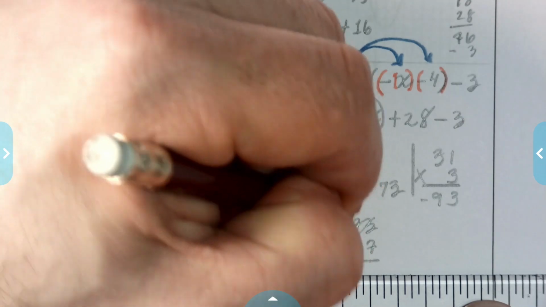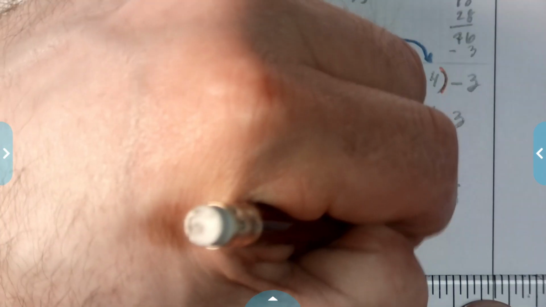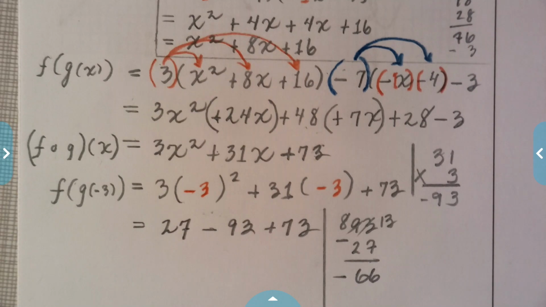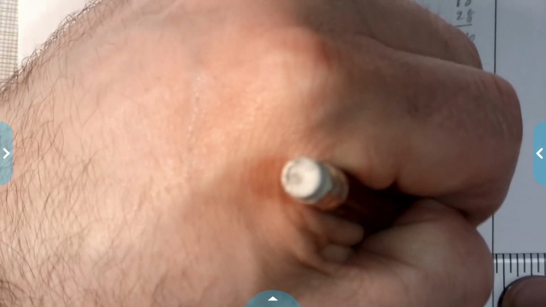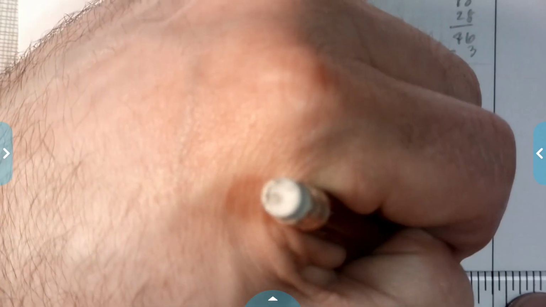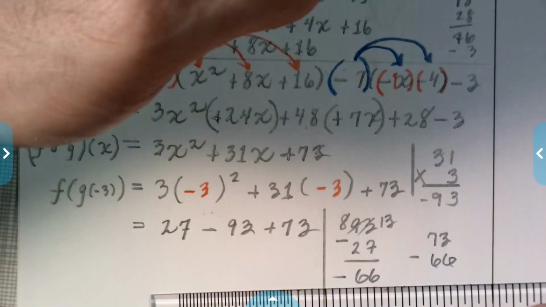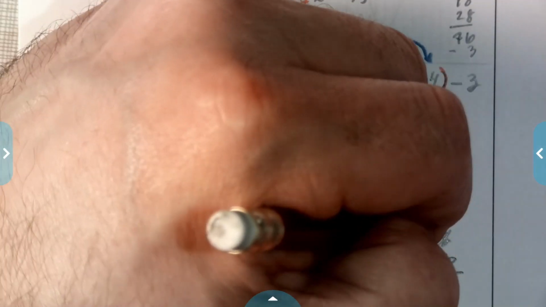Okay? So that'll give me -66, plus 73. So now I'm going to do 73 minus 66, and the answer will be positive.